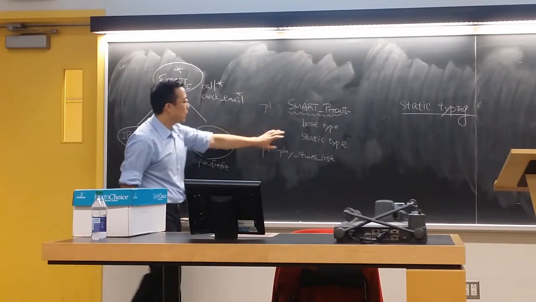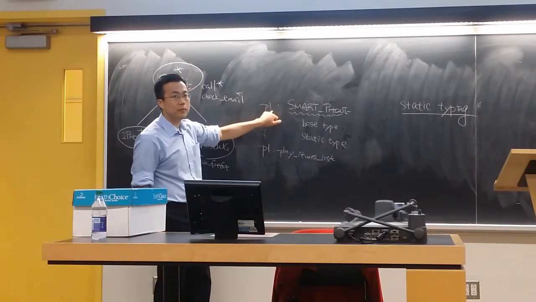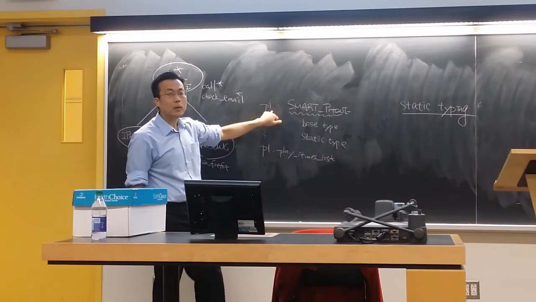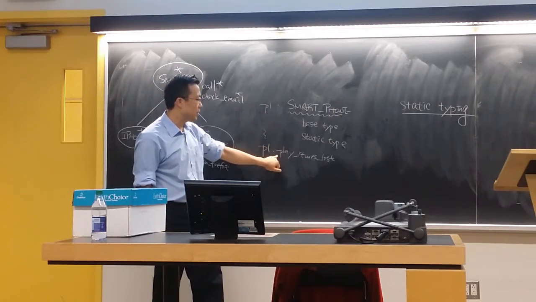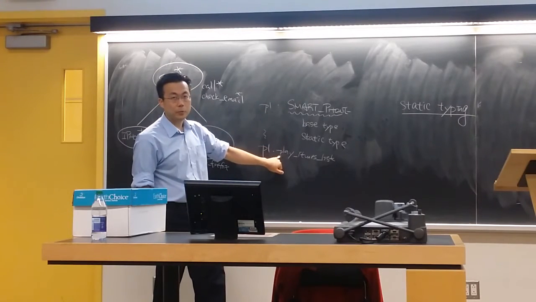Okay, so knowing what the base type for a particular variable is very important because that's the only information that the compiler gets in order to check to see if this particular feature call is valid or not.